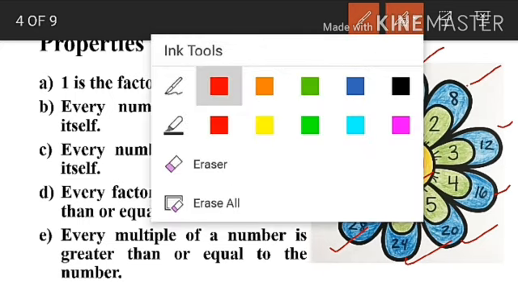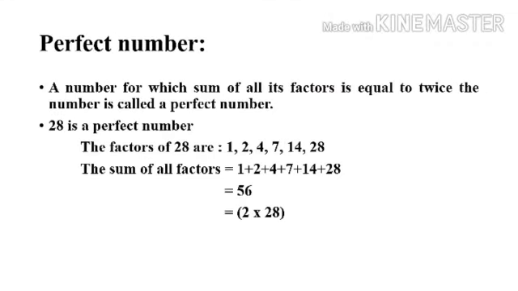Now let's move to the next one. Perfect number. A number for which the sum of all of its factors is equal to twice the number is called a perfect number. For example, 28 is a perfect number.